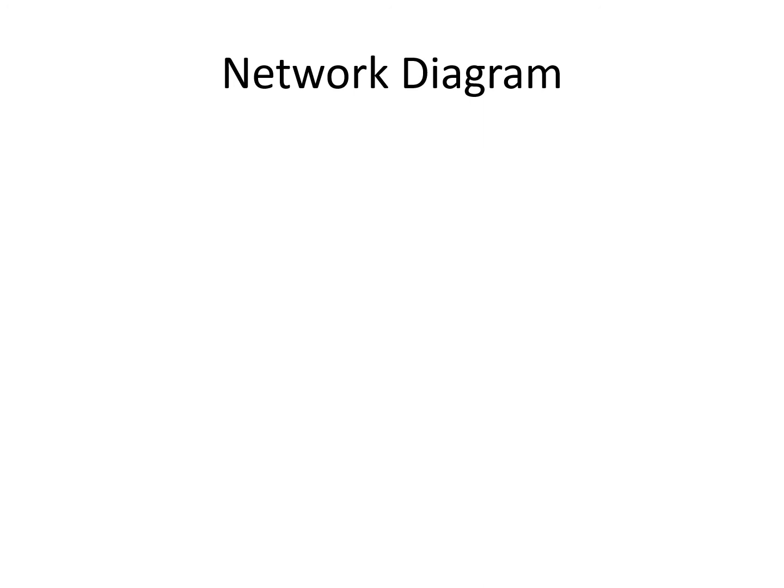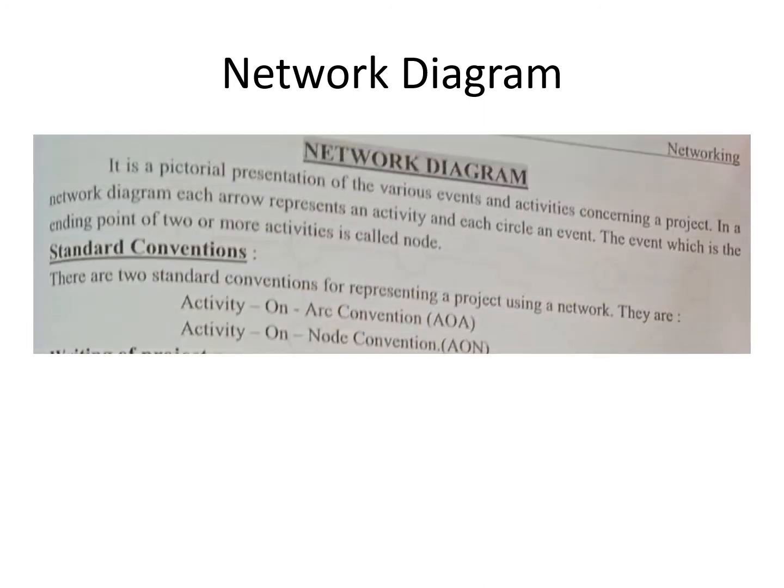So we look at the standard conventions of network diagram. We already are aware of what a node is, and we also know what the activity is, right? So a node is a point wherein one or more activities might either meet up or will originate from. Either it will originate from a node or it will meet up in a node.